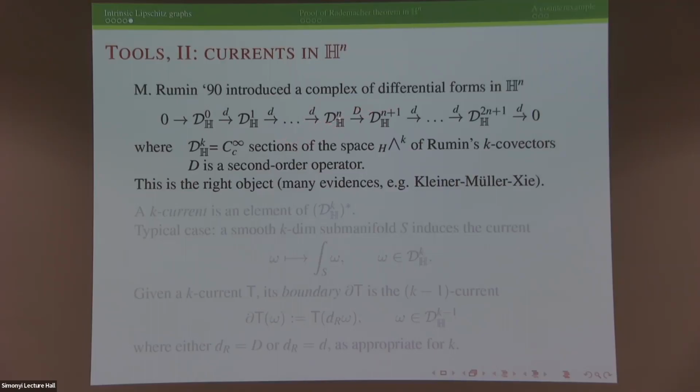When we pass from n to n plus 1, he finds this operator D, capital D, which is a strange second order operator, which picks one n form here, computes second order derivatives and gives you an n plus 1 form here.